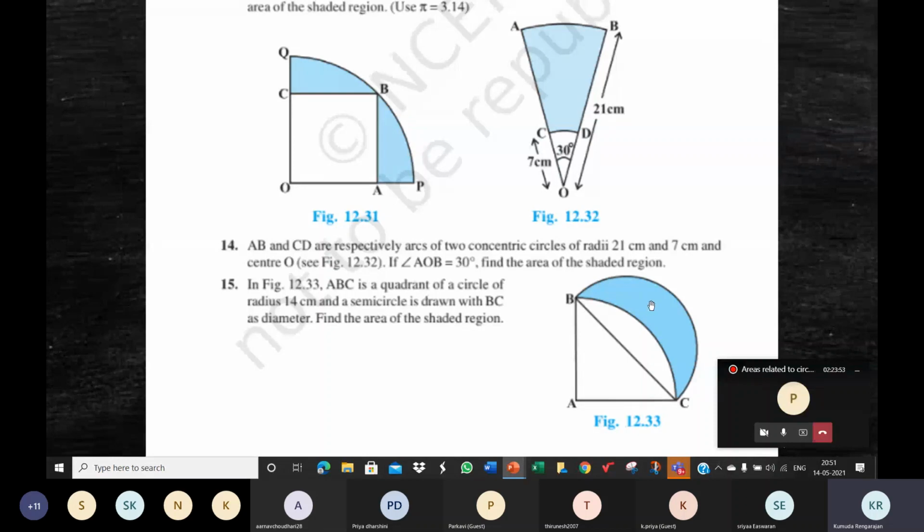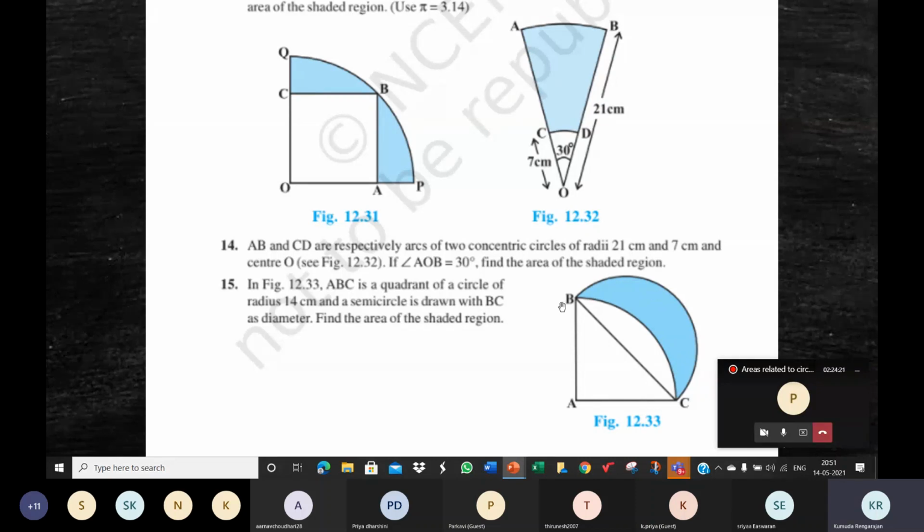That will be the area of the full region, as if the entire figure is shaded. Now from that, if we take away the area of the quadrant, you will be left with the area of the shaded region. That can be one way of finding it.